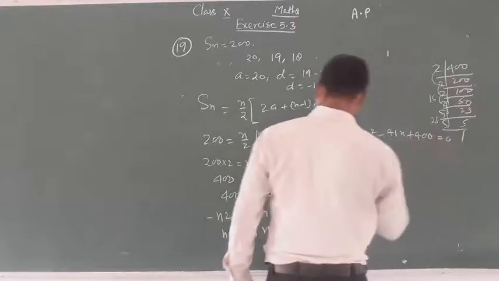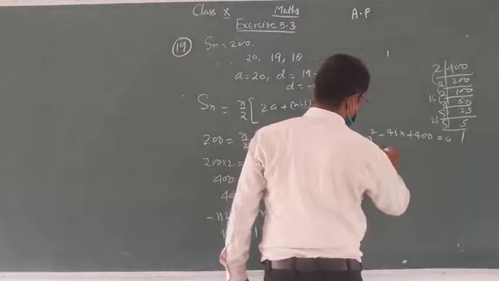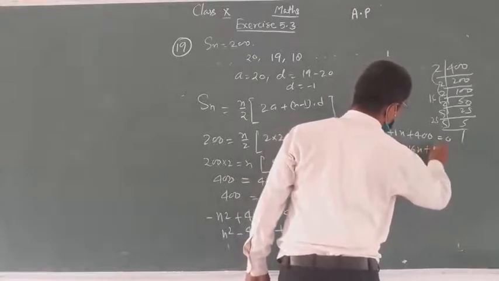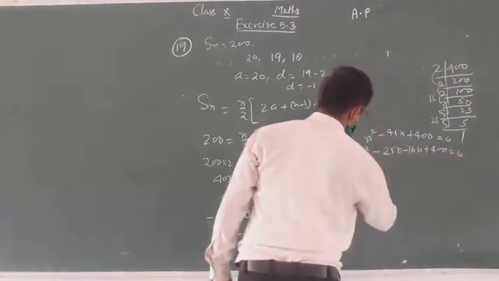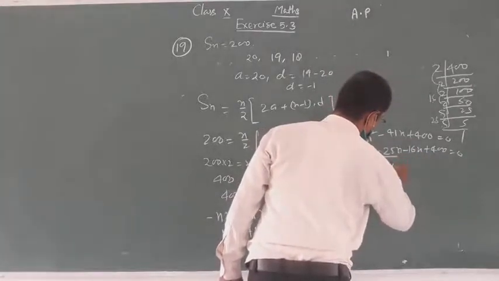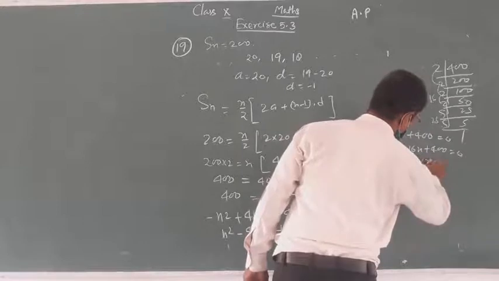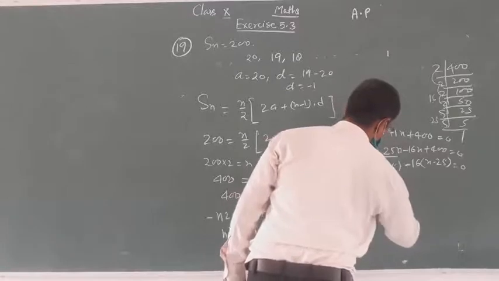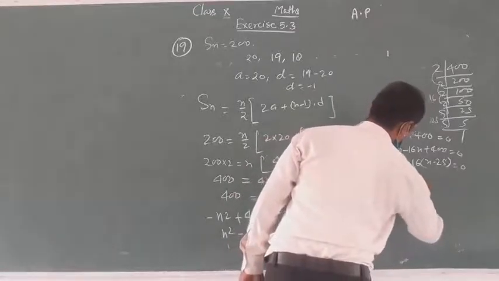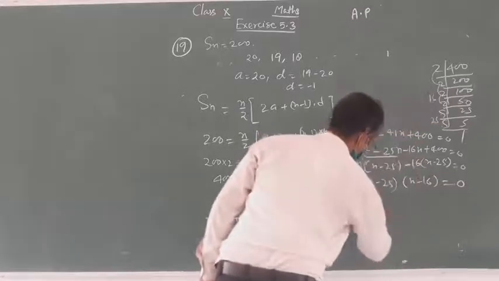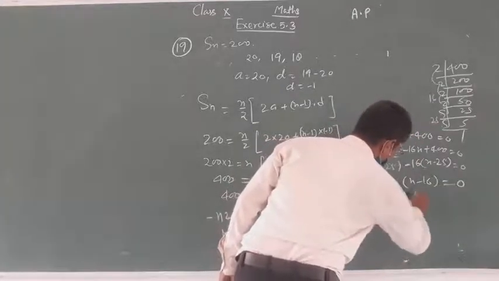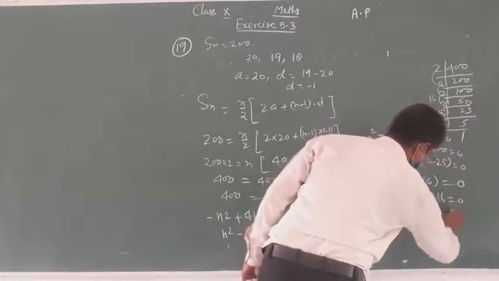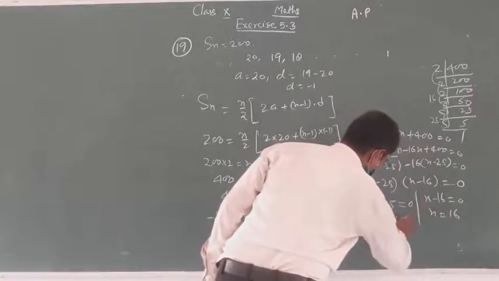So n square minus 25n minus 16n plus 400. So n common out: n minus 25 and minus 16 times n minus 25. So n minus 25 and n minus 16 is equal to 0. So n minus 25 is equal to 0 and also n minus 16 is equal to 0. So n is equal to 16 and n is equal to 25.